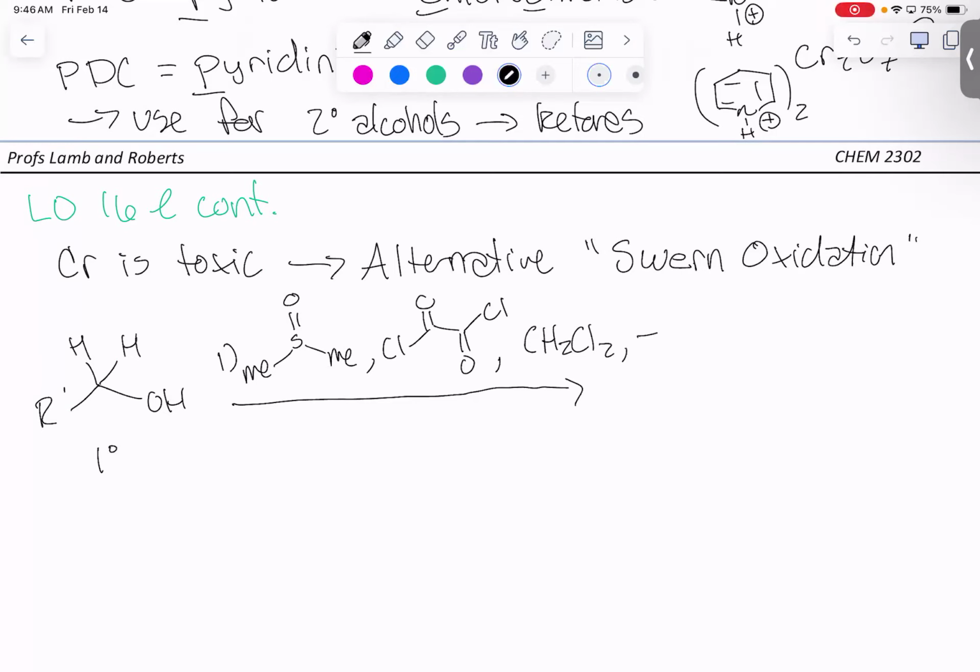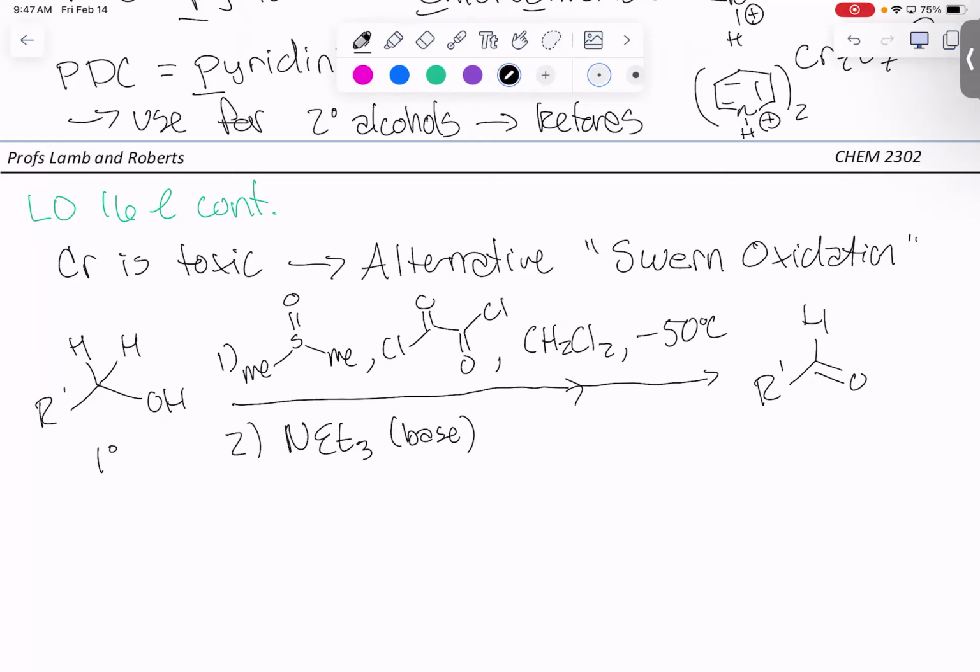This is run cold at minus 50 degrees Celsius. And then we have a second set of conditions too. After all of this is done, then we are going to add in triethylamine as a base. And the product that we get to is our aldehyde.